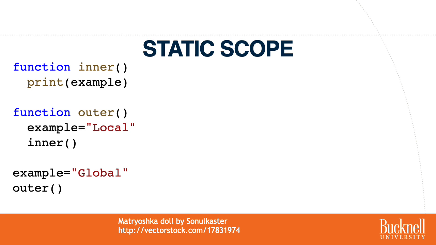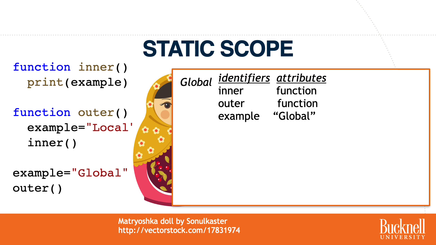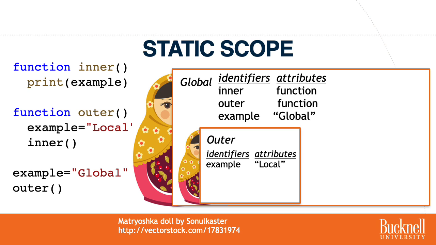Going back to the previous example, when this code is first run, first we create a global environment in which we have the identifiers inner, outer, and example. When outer gets called, we have a new environment in which we have the variable example, and it has a value local.